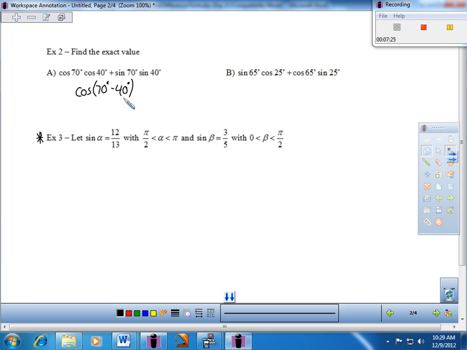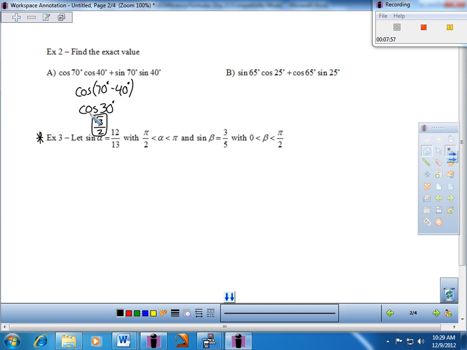So that should be that piece up above, and as a result, this should be the cosine of 30 degrees. 70 minus 40 inside there, that is it. There's cosine of 30. There is the combined piece, I suppose. The 70 and the 40 combining together to create the 30. And everybody should know cosine of 30 degrees. If you remember correctly, cosine of 30 degrees is root 3 over 2.